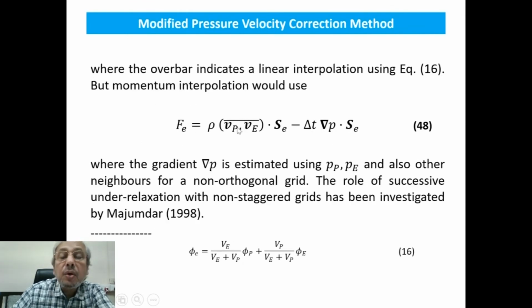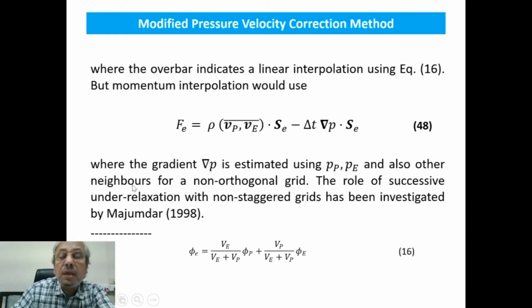So linear interpolation of these two quantities for the eastern cell face, plus the contribution of pressure. This pressure contribution, the gradient grad P, is estimated using the pressure at point P, the pressure at point E, and also other neighbors for a non-orthogonal grid.